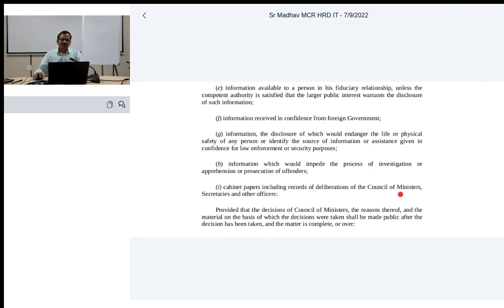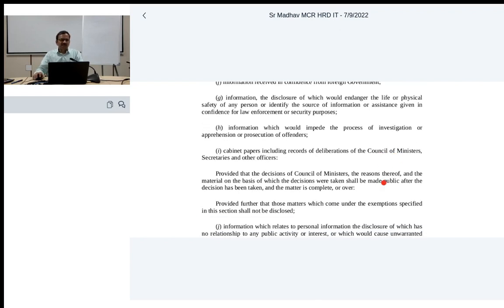I relates to cabinet papers. Cabinet papers, including records of deliberations of ministers and other officers, can be withheld. But there is a proviso which says once the decision is taken, then the reasons and the material shall be made public.